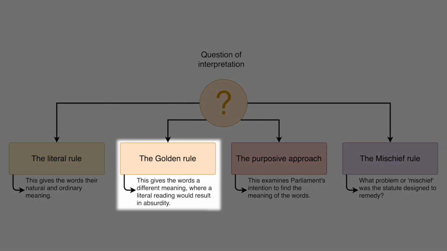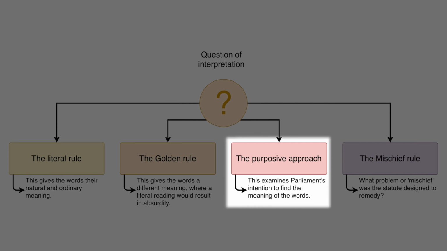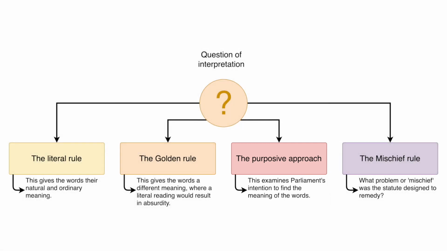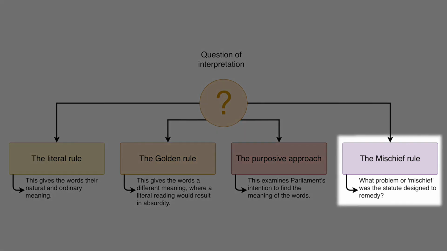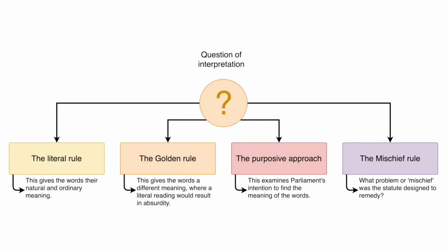This gives the words a different meaning, where a literal reading would result in absurdity. You then have the purposive approach. This examines Parliament's intention to find the meaning of the words. You then have the mischief rule. This asks what problem or mischief was the statute designed to remedy.